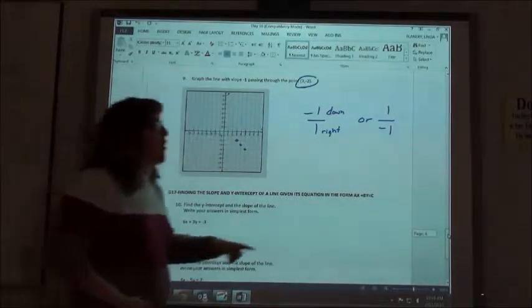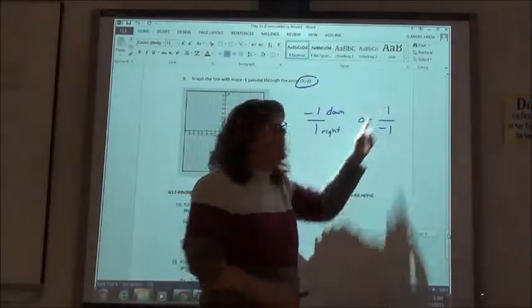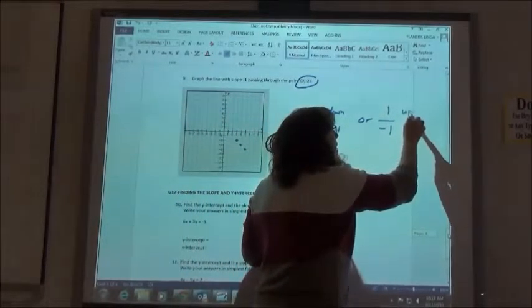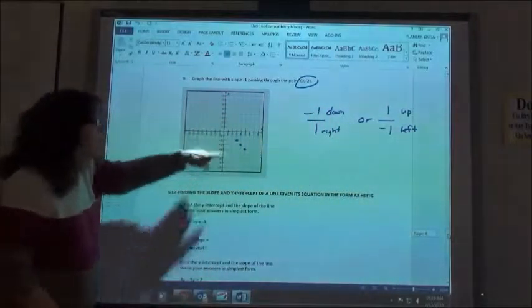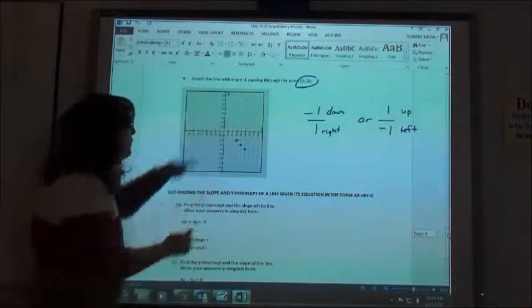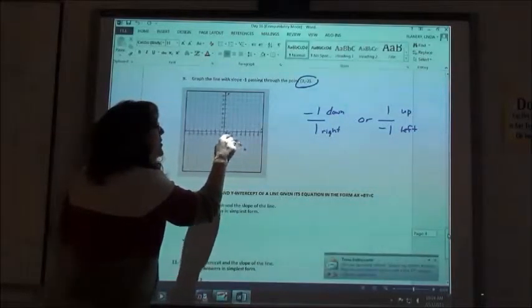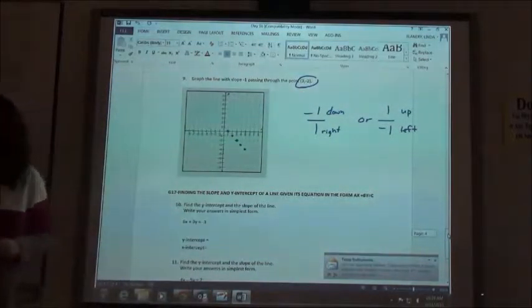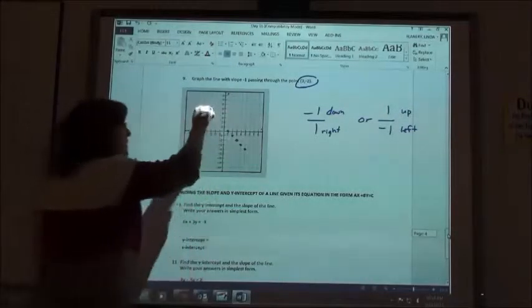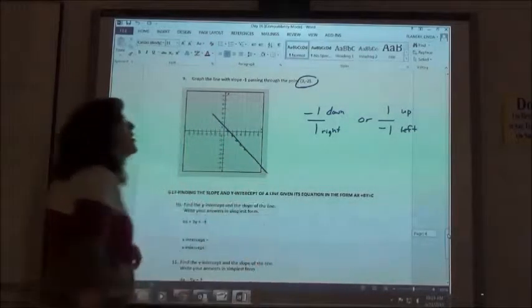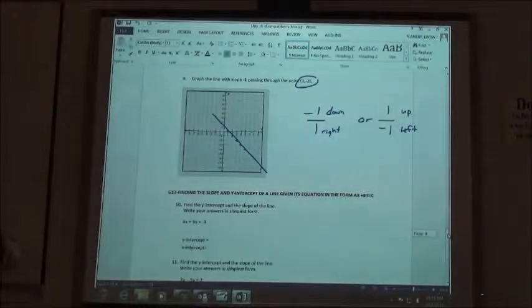If I went the other way around, this is telling me to go up and to the left because it's negative on the bottom. So I'd go up 1 and to the left 1. Up 1 and to the left 1. Notice my dots still line up all right in a row. You only really need 2 dots to draw your line, but I got lots of them there.